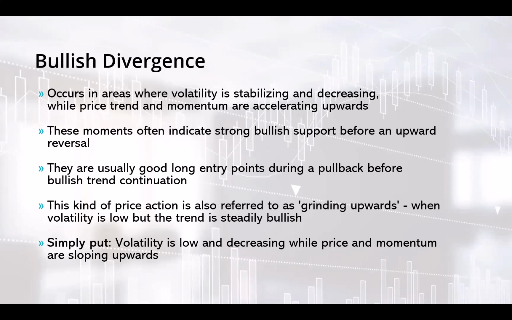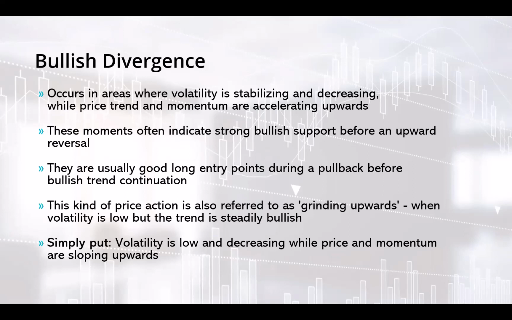And we can forecast this by looking at bullish divergence spots. So we had a retracement, but now things are stabilizing again. Volatility is going down. Price has stopped moving down and started moving upwards. That's a very strong telltale sign that we have a continuation in place. And for you as a trader, a great entry opportunity in the direction of the overarching trend.